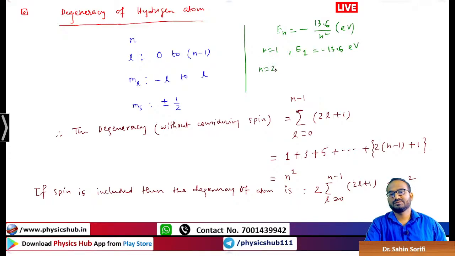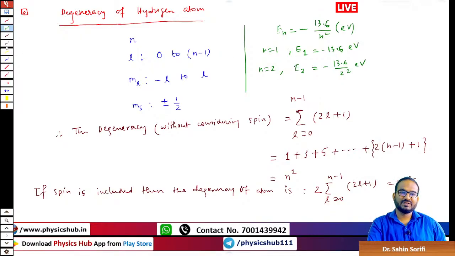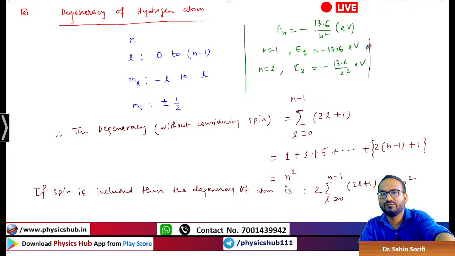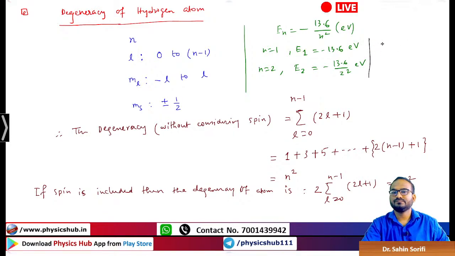If you take n equals 2, you get E_2 equal to minus 13.6 by 2 square electron volt, in this way. So, in one go it may appear to be non-degenerate, but if you closely look at the corresponding wave function, what is the corresponding wave function? Psi n l m.